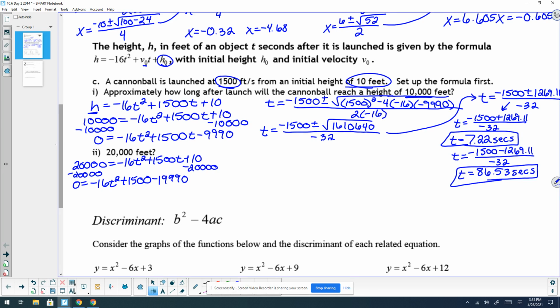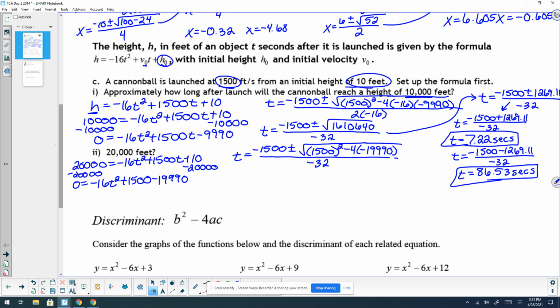Now that I know that my C value is negative 19,990, I can go ahead and put it in the quadratic formula. The only thing that's going to change from the problem above is my C value. So everything else is going to be exactly the same, meaning that my denominator of my fraction is going to stay negative 32.